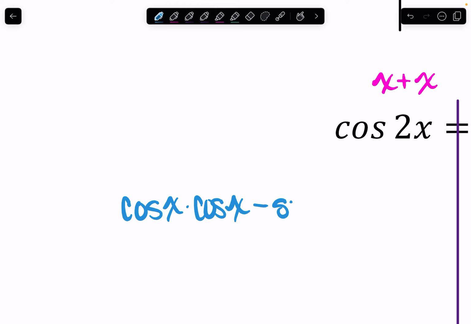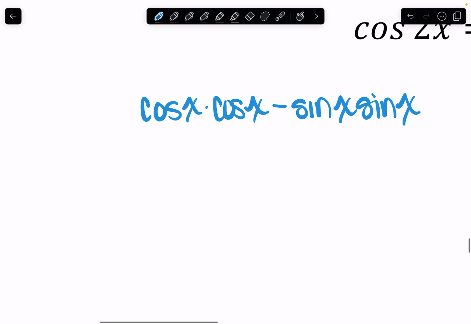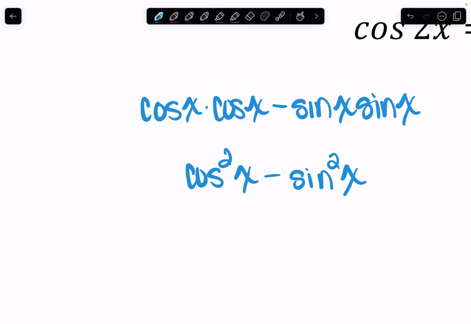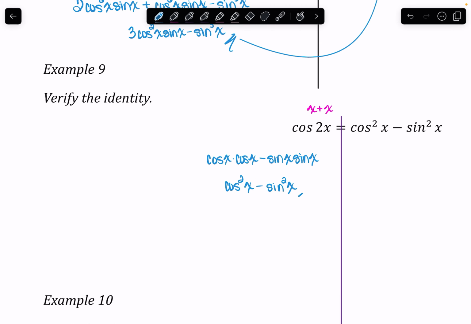Change of sign, sine first angle, sine second angle. Look at that. Cosine times cosine, cosine squared. Sine times sine, sine squared. Done. This right here is actually called a double angle identity. Double angle identities are covered in the next section. So this is a new identity you will get in the next section.